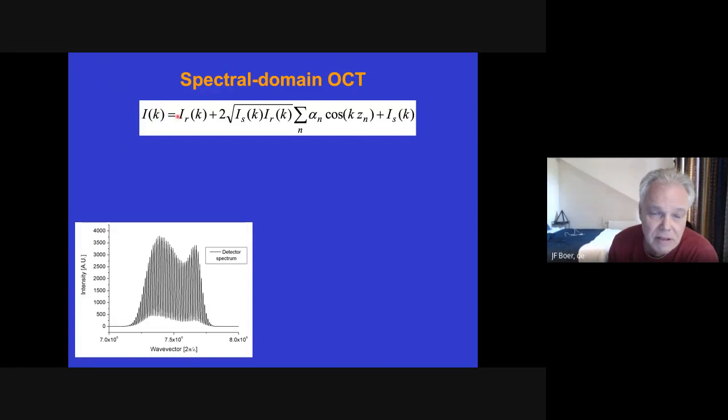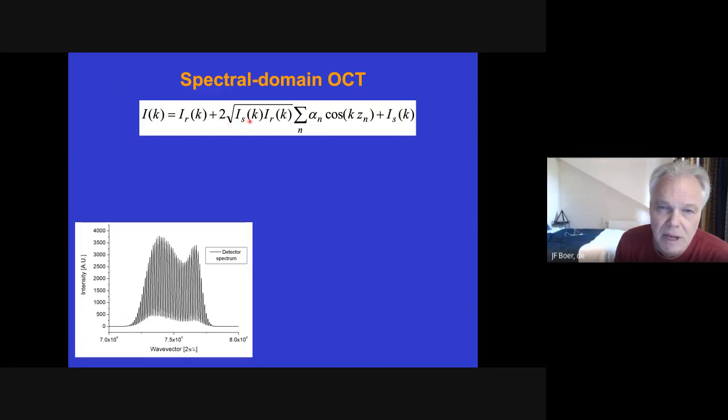And that intensity is given by the reference arm power, I_R(k). It is given by the sample arm power, but we always assume that the amount of light that's reflected from the sample is really small, so we can basically ignore it. And it's given by the interference term between the sample and reference arm.